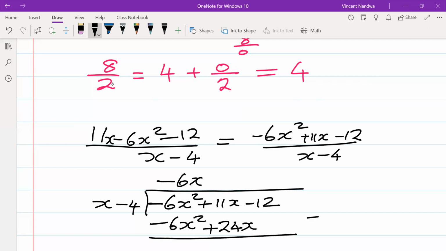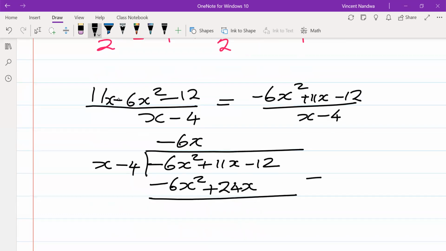And then just the same way we did with numbers, you subtract. But remember, you subtract like terms. So minus 6x squared minus minus 6x squared is 0. So we don't have a term in x squared. 11x minus 24x is minus 13x, and then pull down this negative 12.